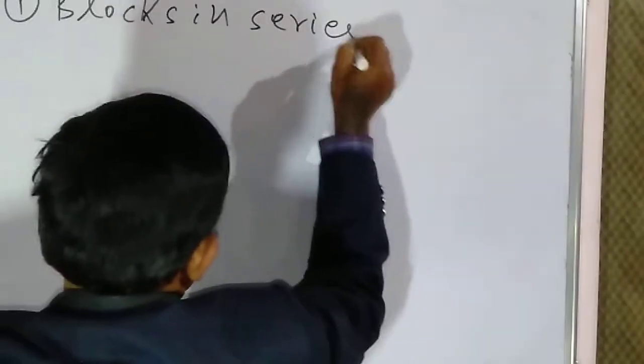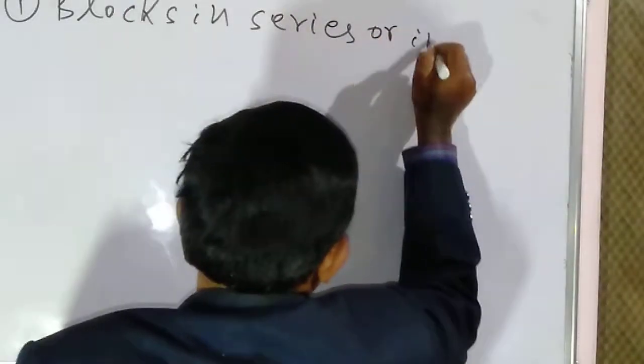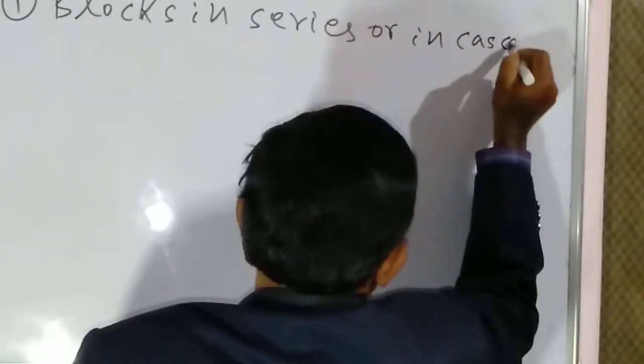So that is the rule discussed here, rule number 1, blocks in series or in cascade.